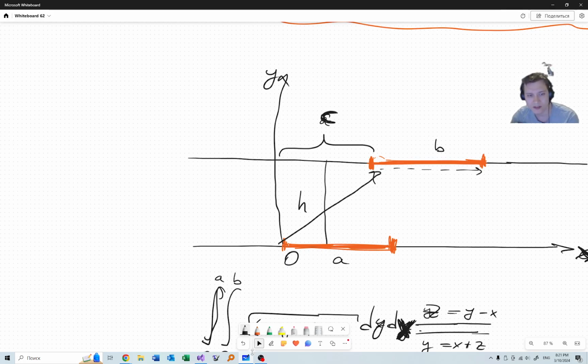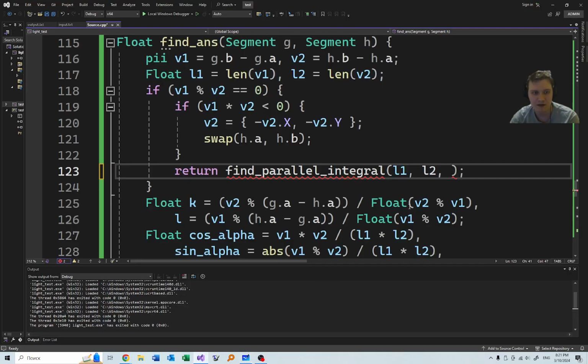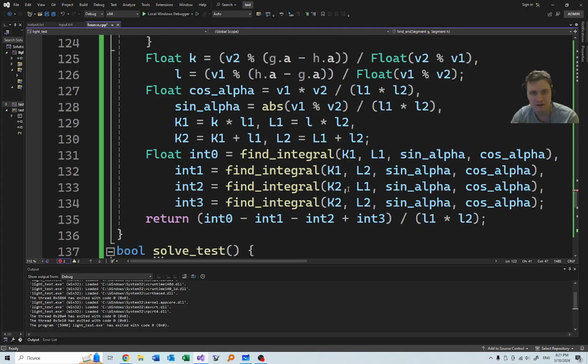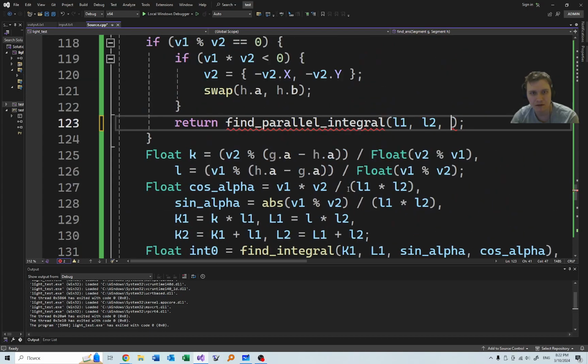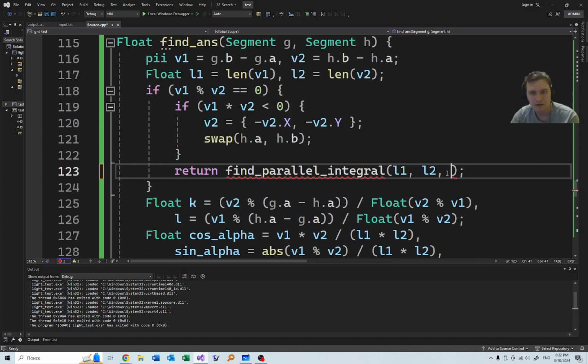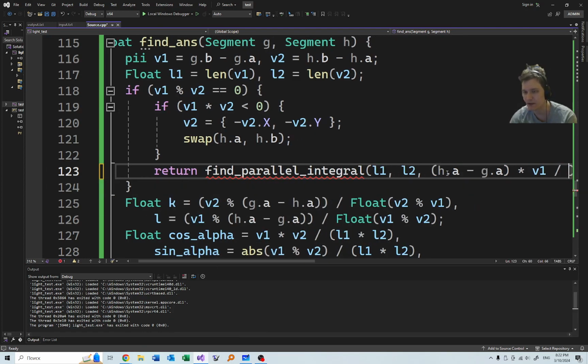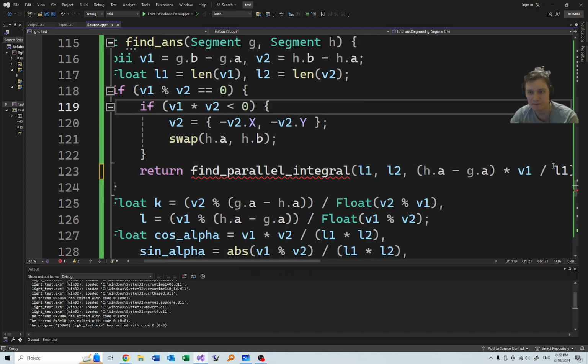So it can be calculated as h dot a minus g dot a times v1 divided by l1. Okay, this is c.